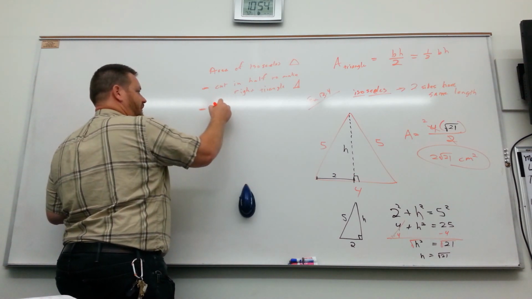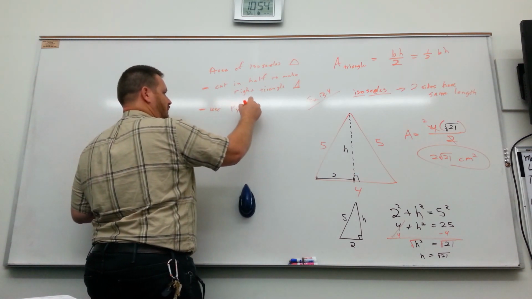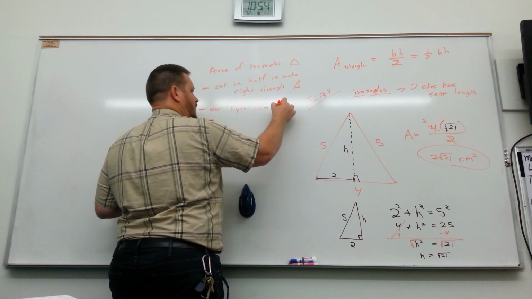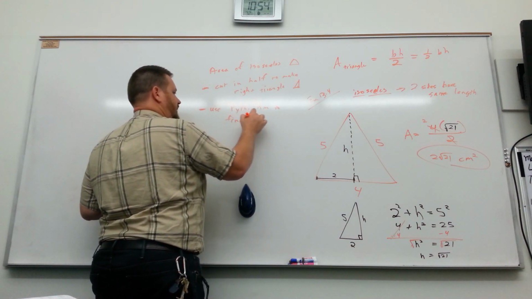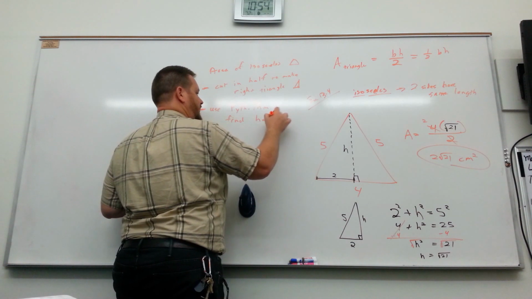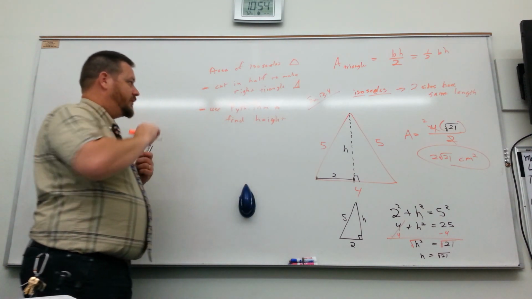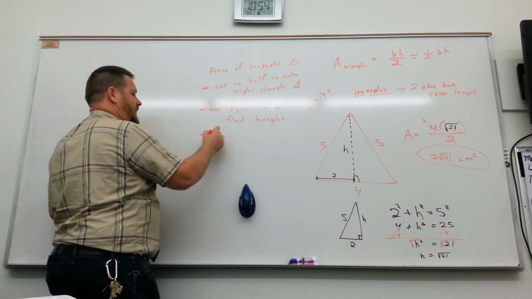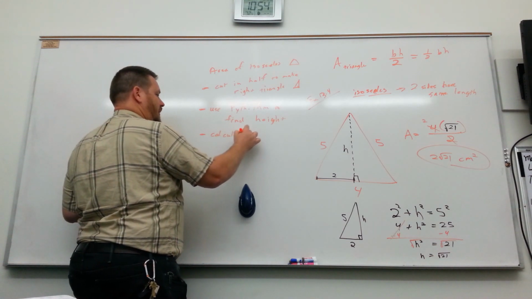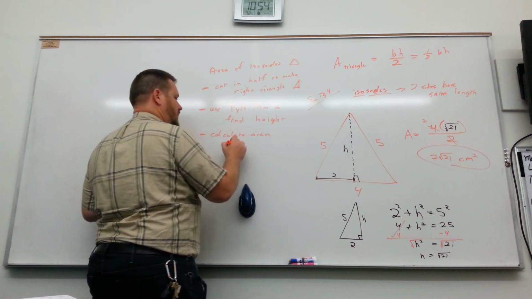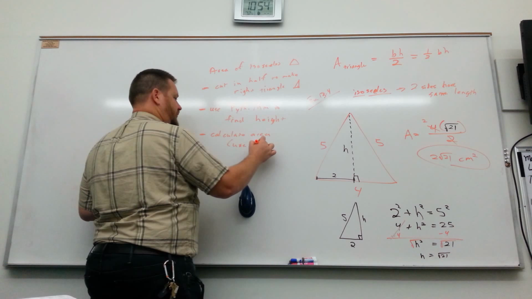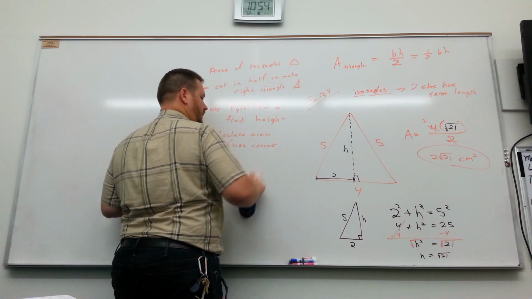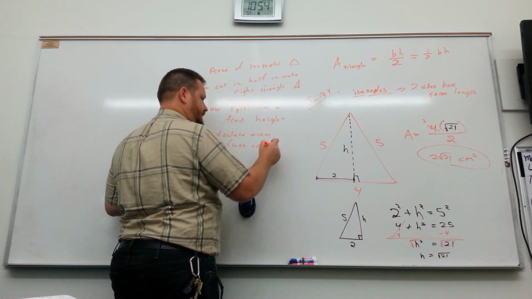And then use Pythagorean Theorem to find the height. You should write this down in your notes, by the way. Use Pythagorean Theorem to find the height, and then calculate the area. Make sure that you use the correct base.